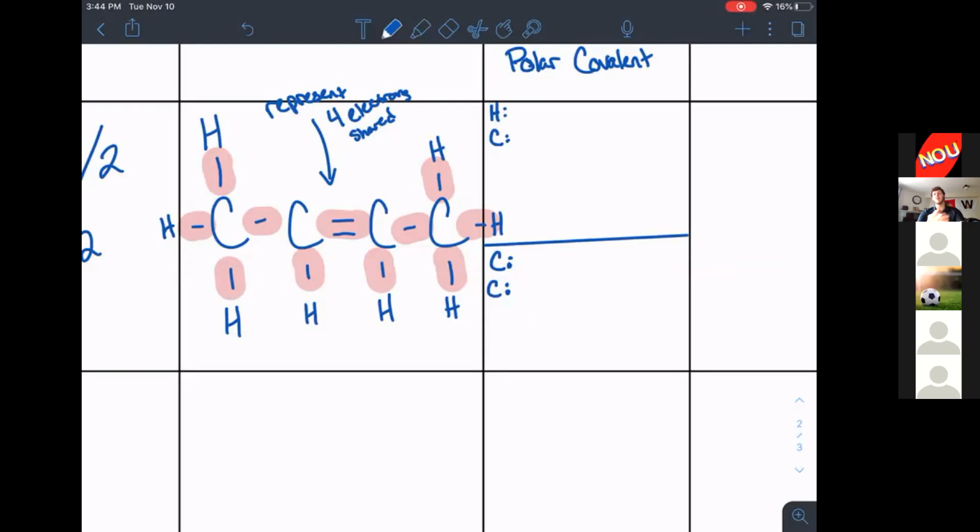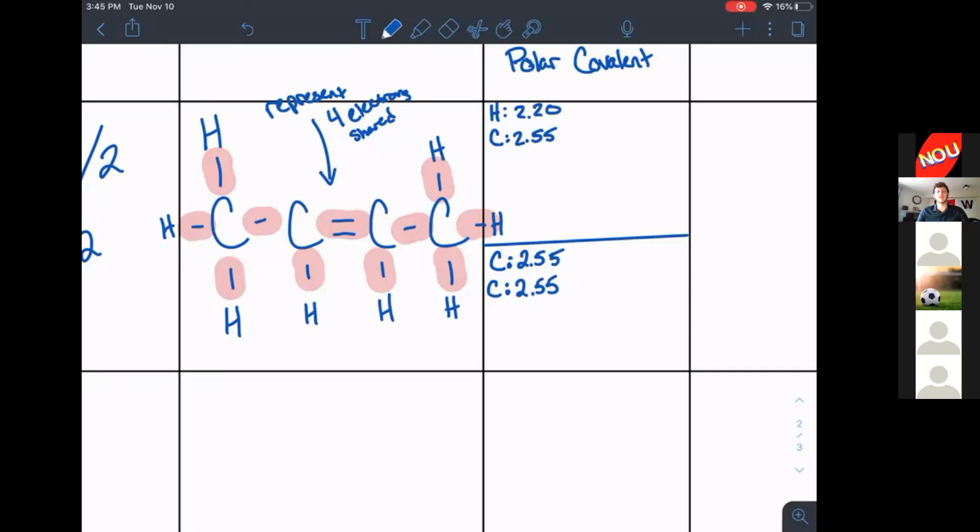So does anybody know the electronegativity of carbon and or hydrogen? Carbon is 2.55. So we're going to write that 3 times. And what about hydrogen? 2.20.